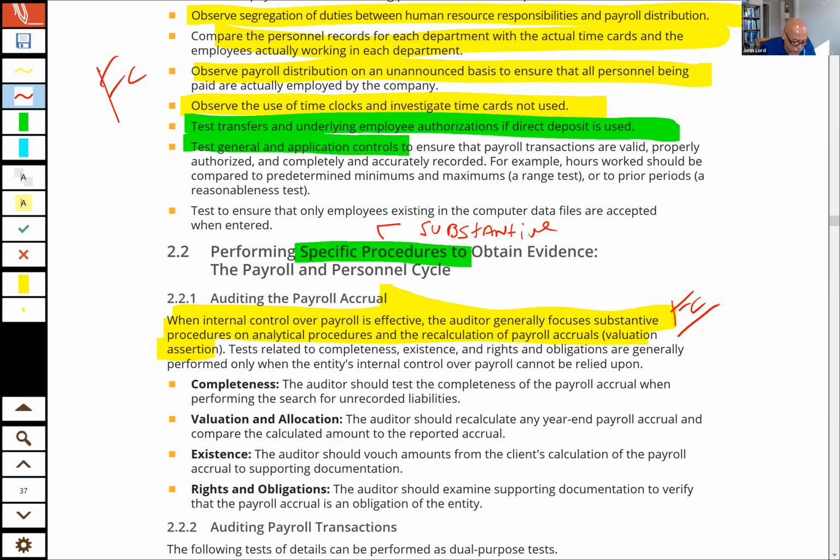I don't know that they can ask you a question like that, but this is a good thing for you to think about, because then it points to the nature of the procedures that are going to be coming, because payroll lines itself up beautifully for an analytic procedure. How many employees do you have? What is your average pay on those employees? Or you could do it by category of employee, whatever. And that then should what?